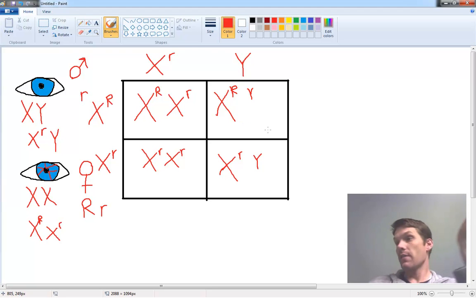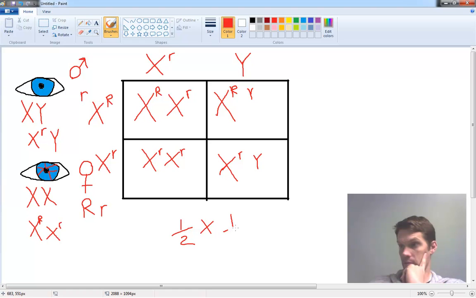So what percentage of them will be male and colorblind? Well, 50% will be male, so 1 out of 2. And then of those males, 50%, this one, will be colorblind. So the probability of getting a male that is colorblind would be 1 in 4.